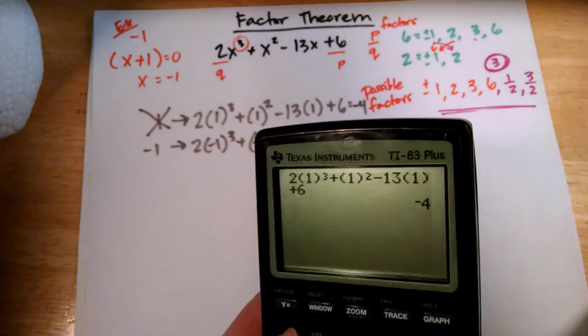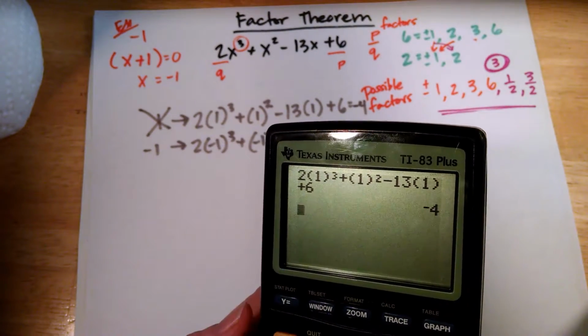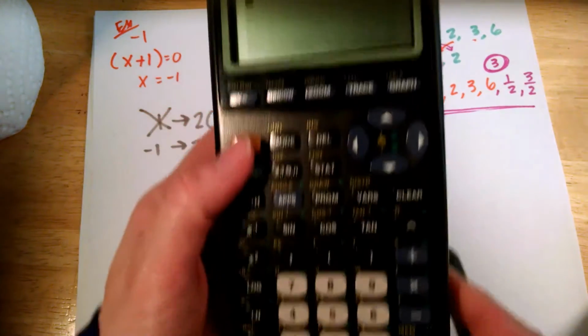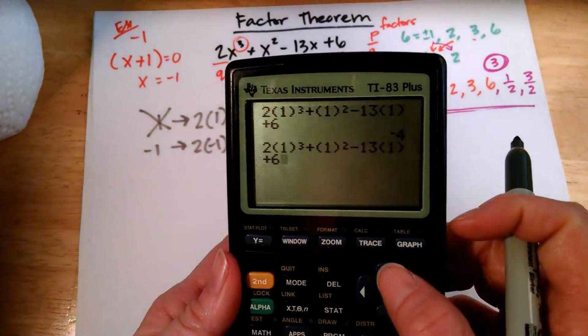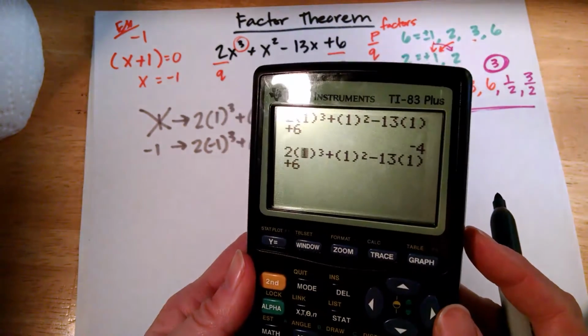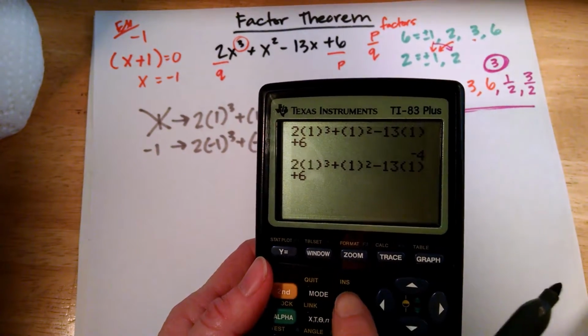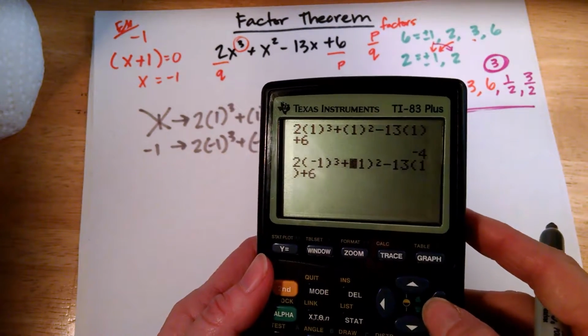Let's try negative 1. So the shortcut to use the calculator is to hit second entry right there. It's going to pull up your previous entry, and I'm going to insert a negative 1. So second insert, negative 1.